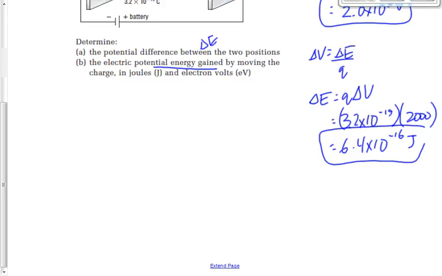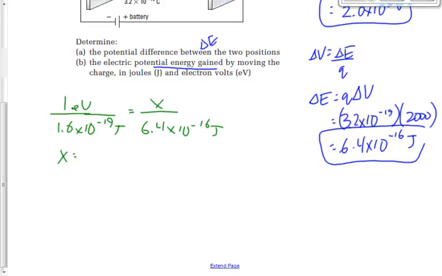But you can see there we want to convert that to electron volts as well. For whatever reason, maybe electron volts is more convenient here. On our data sheet, it tells us that 1 electron volt is 1.6 times 10 to the minus 19 joules. We want to find out how many electron volts is 6.4 times 10 to the negative 16 joules. 6.4 goes up, and we divide 6.4 by 1.6.